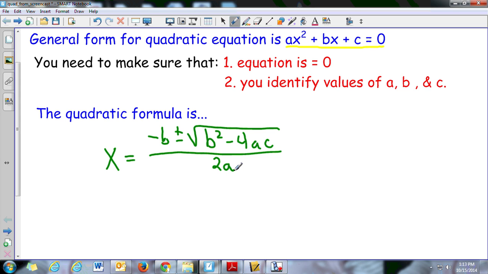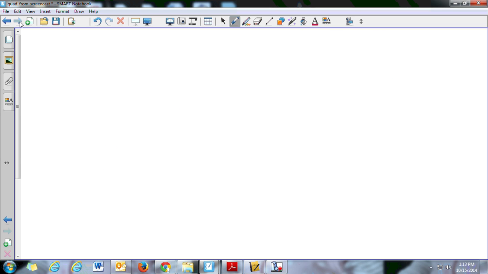So here's an example of what we're talking about. If I have the quadratic equation 3x squared plus 2x minus 4 equals 0. So my equation is equal to 0. That's good.